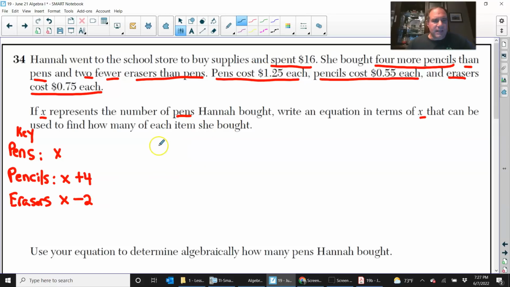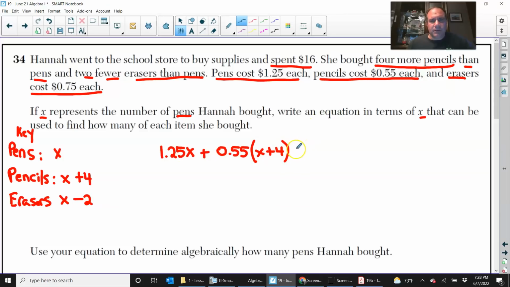So pens cost $1.25 each. We have to still put this together in an equation. All right. Pencils cost 55 cents each. So we have 0.55 and pencils, and I'm going to refer back to my key, X plus 4.